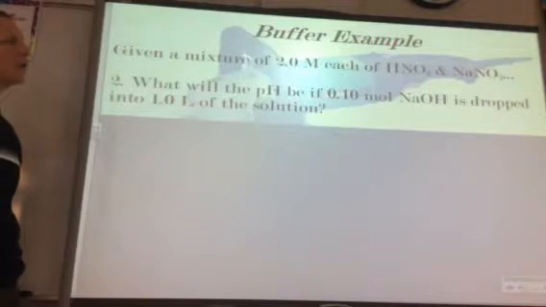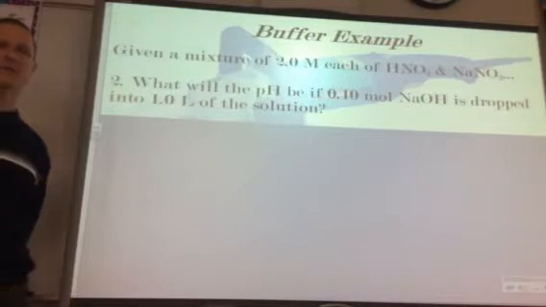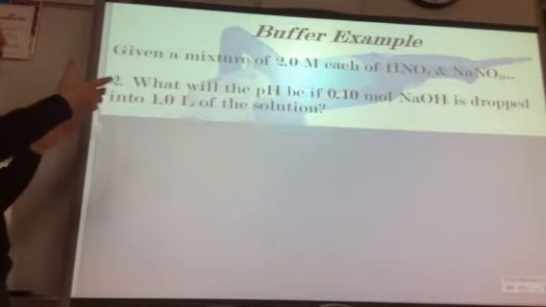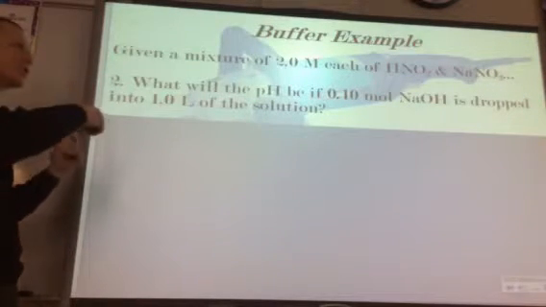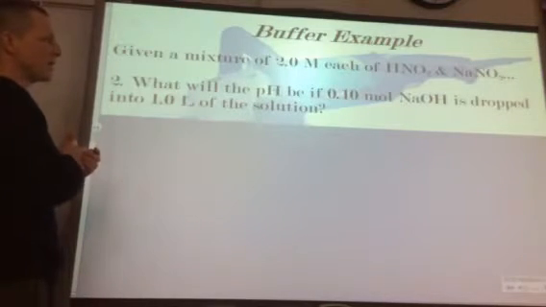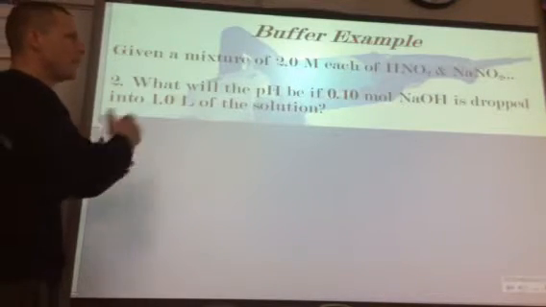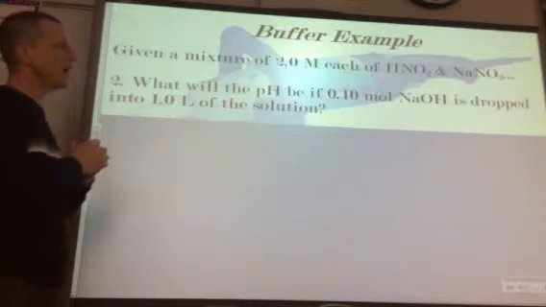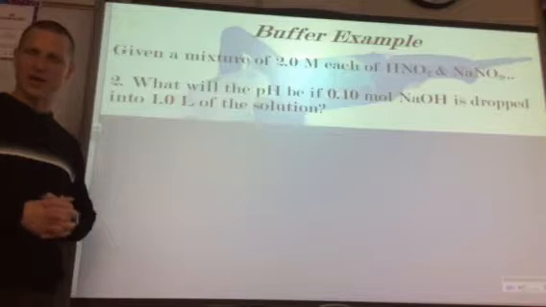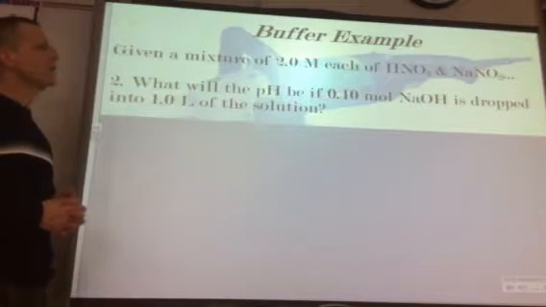So we're going to have to do our 2 steps. One of the steps is the stoichiometry step that goes all the way to completion. And then once we have the after attack of the sodium hydroxide, then with the new concentrations of the acid and conjugate base, what is the new pH?